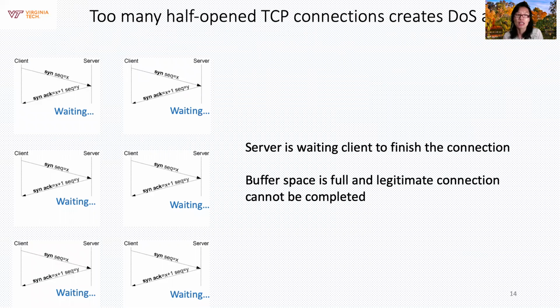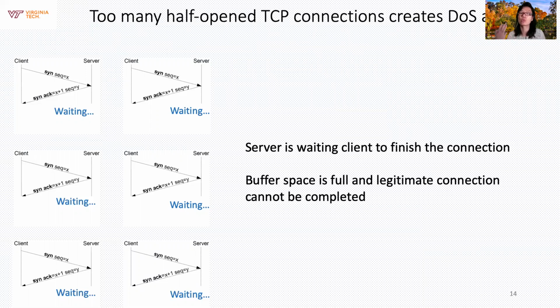The SYN flood attack is where the client, of course, is not a real client, it is an attacker, and the attacker tries to fool the server by sending a lot of half-open TCP connections. The client just sends a SYN request, says hello, I want to connect, and then disappears.